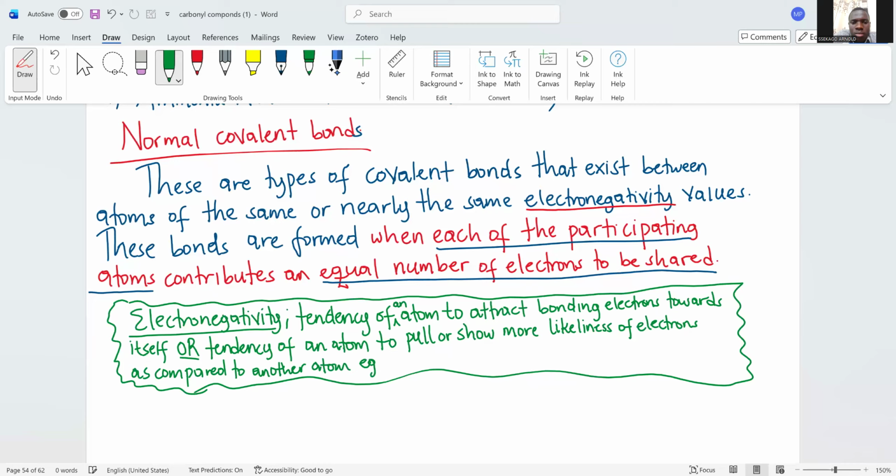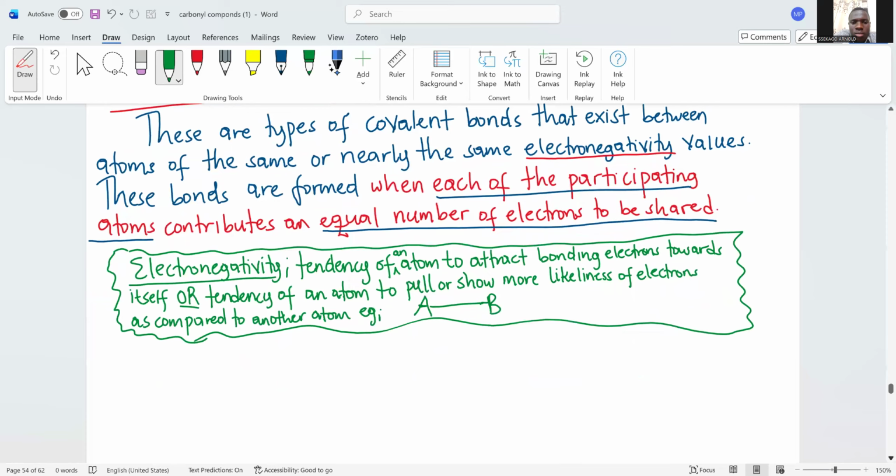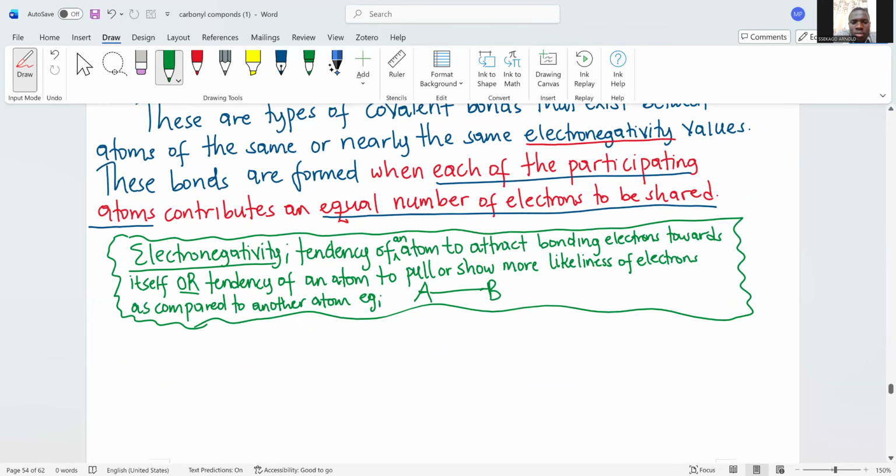For example, if I have A and B, and A is doing this, you see, A is doing that. You know what this means?